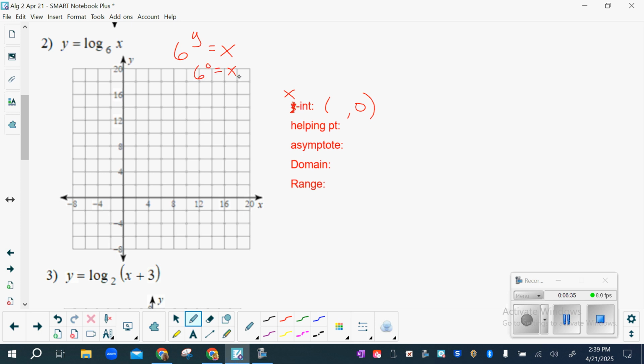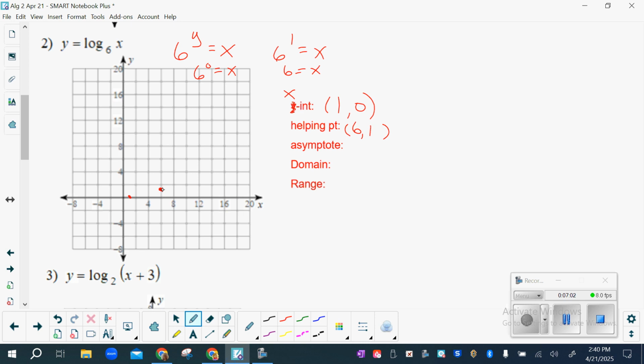Yep, 1. So it's 1, 0. So a helping point: let's do the 1 again, and we get x equals 6. So 6, 1 would be my helping point. So 1, 0 and 6, 1.